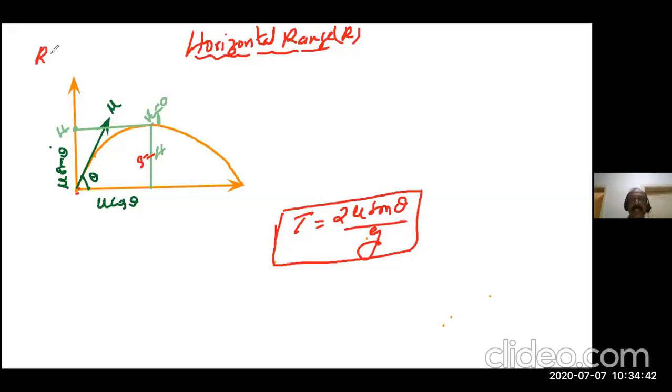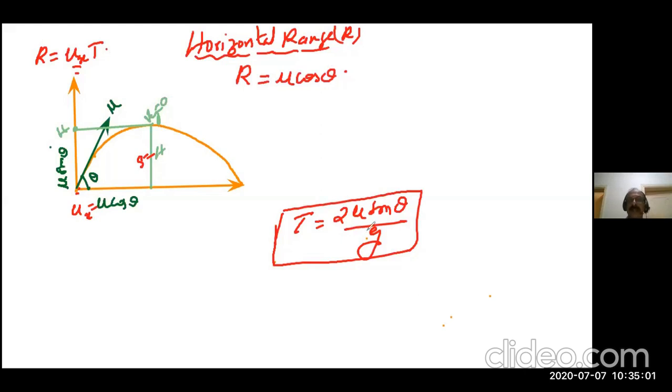So the actual formula is ux into t. Horizontal ux is this, ux into t. So range is equal to ux, which means u cos theta, into t.